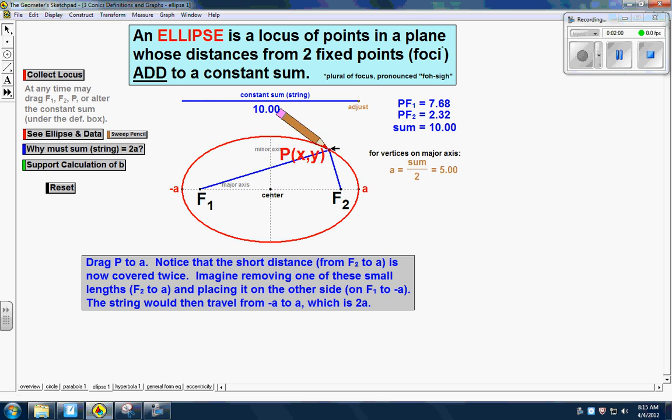So if we drag this point down to there, the short distance, F2 to A, is now covered twice. We covered it once with the string, and then it's doubling back on itself. So the thing that's missing is this little guy down here. But since that's covered twice, and that's the same distance as that, therefore your major axis is always 2 times A.